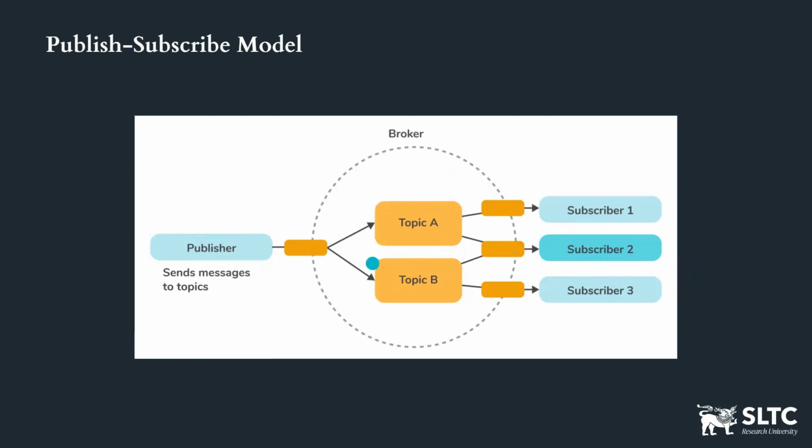So under each topic, the broker will list down what is the data that the broker has received. And then the subscriber will get the necessary data from the broker. So that is how basically the MQTT protocol works, and it is following this publish subscribe model.